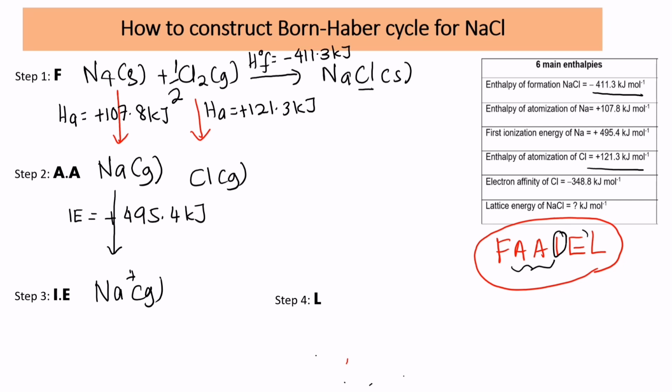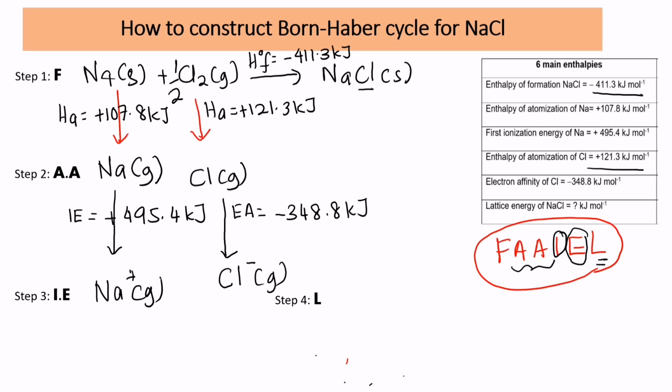Next is E, for electron affinity. So Cl gas accepts 1 mole of electrons and forms Cl- gas. The electron affinity is equal to negative 348.8 kilojoules.